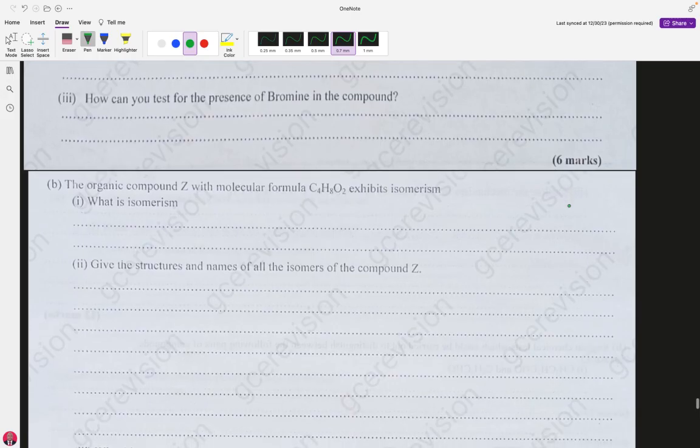For you to know how you can test for the presence of bromine, what you are going to do here is that you are going to use acidified silver nitrate.